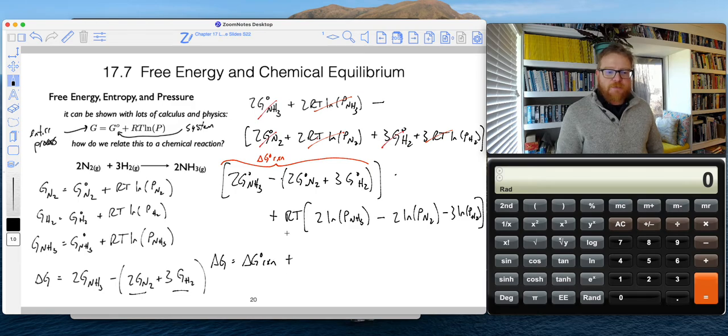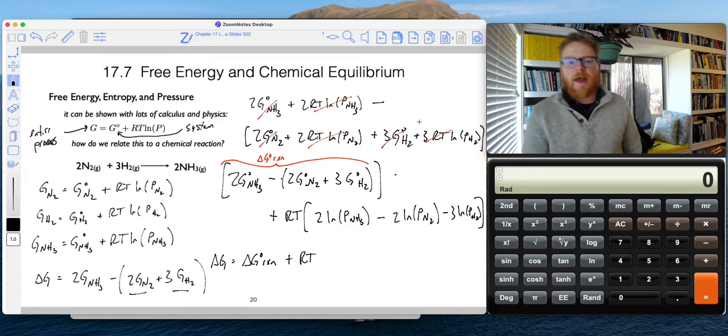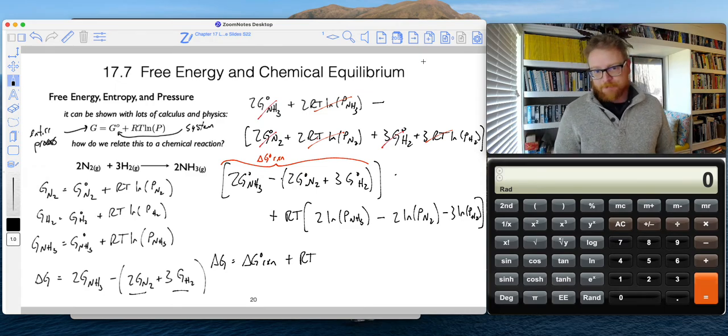Now I have this plus RT, okay? And then I got all of this stuff, natural log of PNH3 times 2, natural log of PN2 times 2, and so forth. And I'm going to remind you there's a special log trick. And that log trick is the following: A times the natural log of X equals the natural log of X raised to the A power.